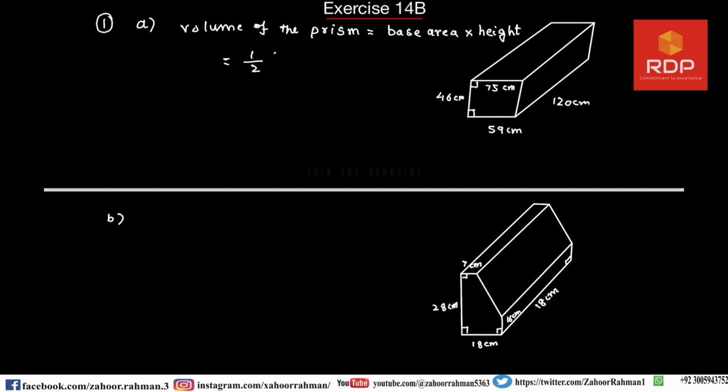So we write 1/2 into the sum of the parallel sides, 75 plus 59, into the height, which is 46, and then we multiply it with 120.